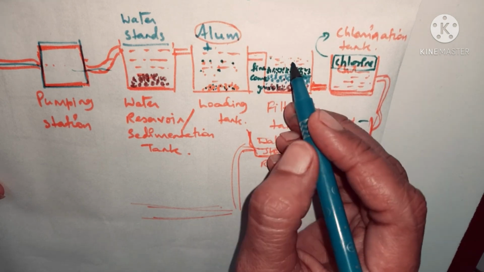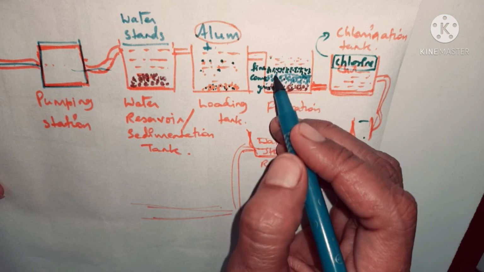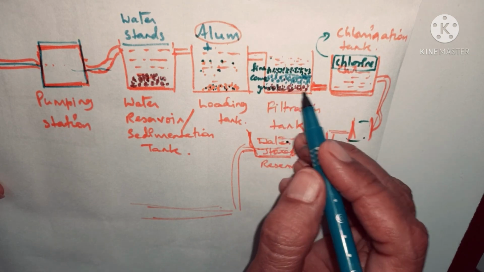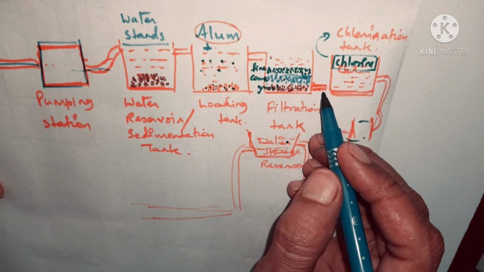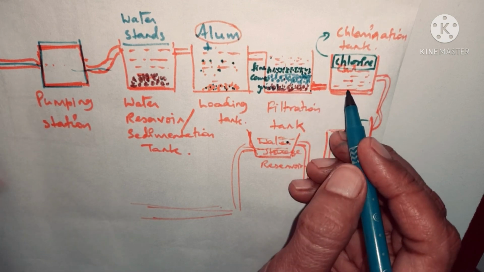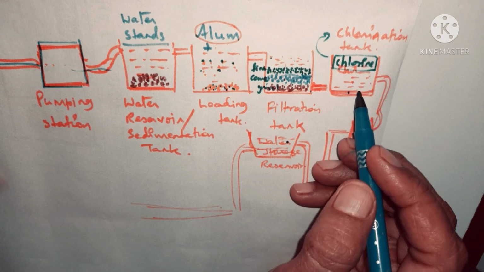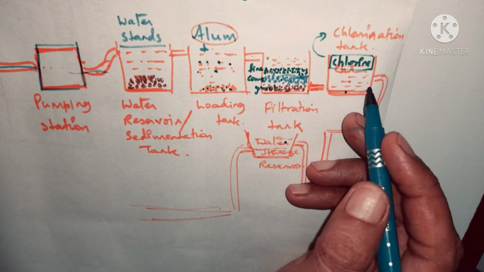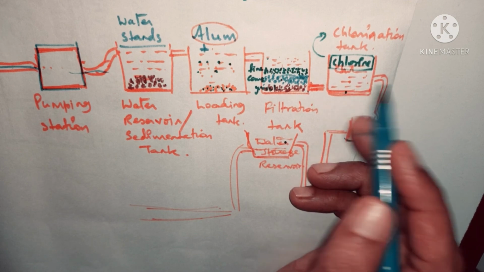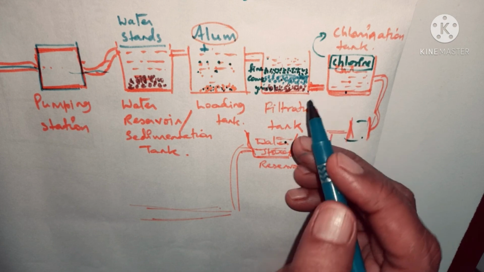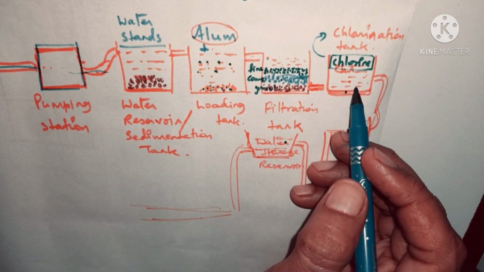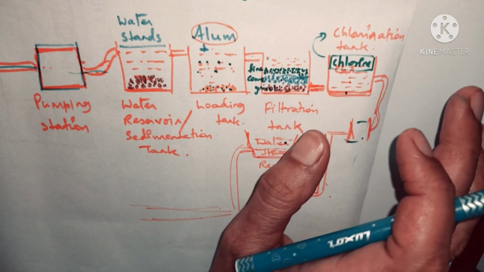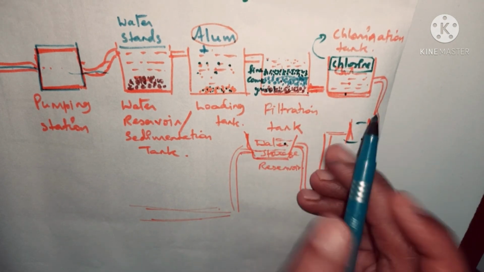The water passes through these layers and clean water comes out. Then this water is passed through the chlorination tank, where chlorine tablets or chlorine is added to kill the germs present in this clean water. After the germs are killed, this water becomes perfect for drinking and other domestic purposes.